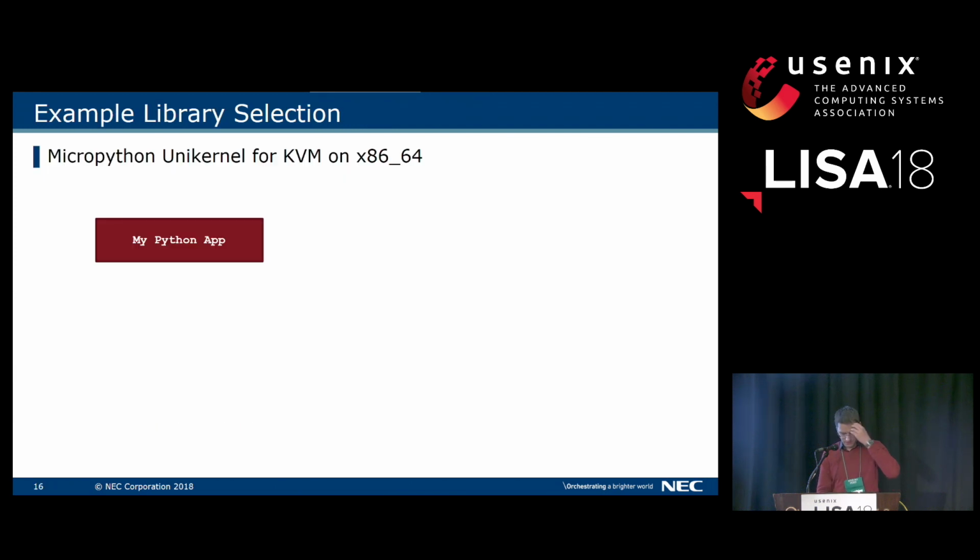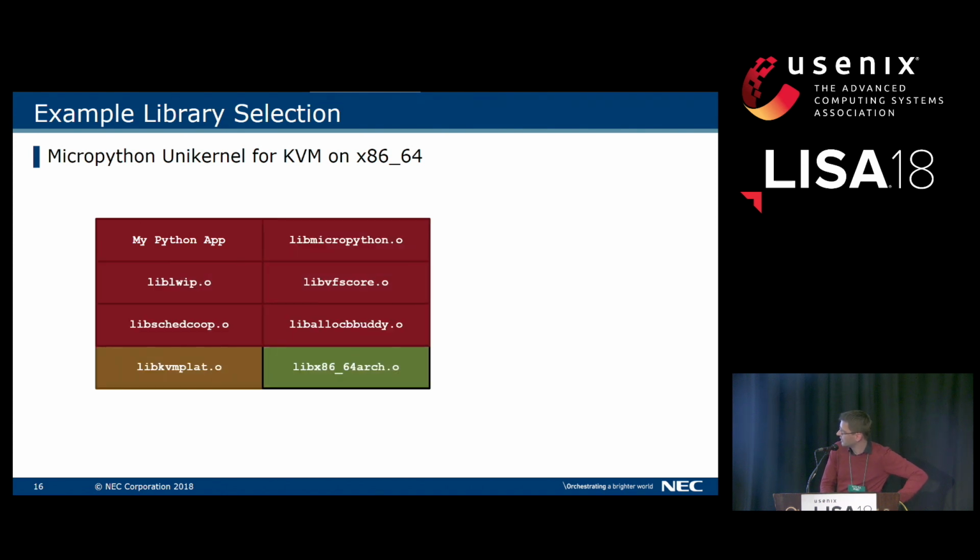So to give you another example of how this roughly looks, if you would now build a unikernel that runs a Python program, you would start selecting the libraries like libmicropython, which is a quite lightweight and small Python interpreter, originally built for embedded systems. lwIP, also a lightweight embedded TCP/IP stack.